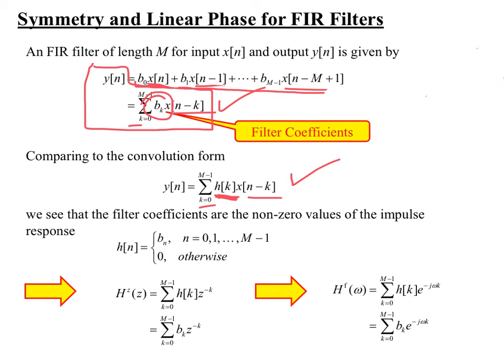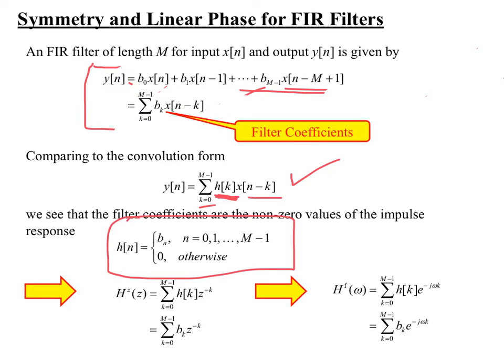And that's why we can call this particular filter a finite duration impulse response, because the impulse response has finite duration. So basically, you go back up here and you say, okay, I've got M of these coefficients, and so it's a length M FIR filter, and these values, B0 out to B M minus 1, are the values of the impulse response, and it's 0 before then and 0 after that.